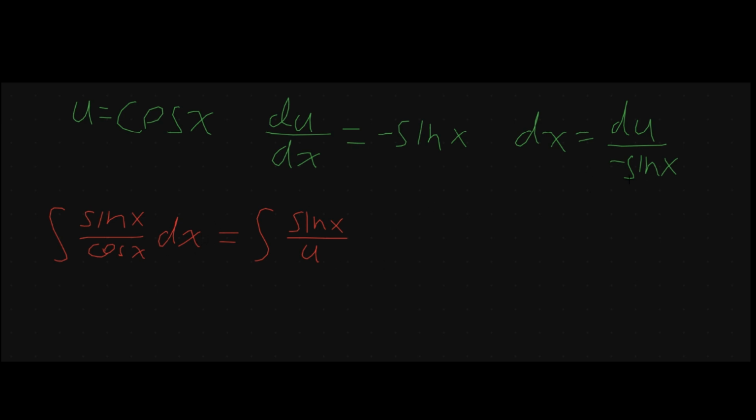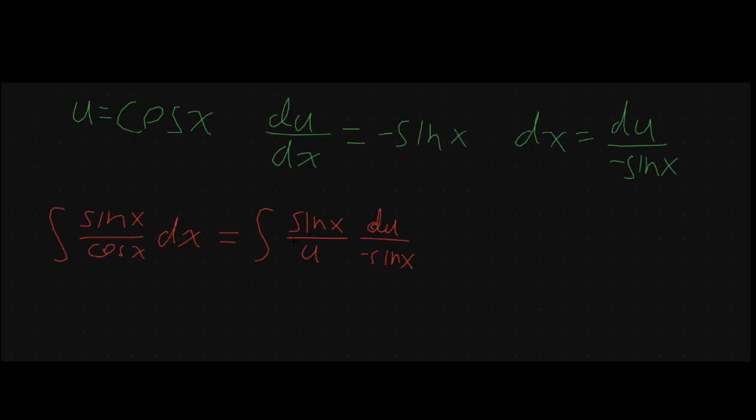And instead of dx, we need to substitute dx with this term over here. So we write, instead of dx, du over minus sine of x.